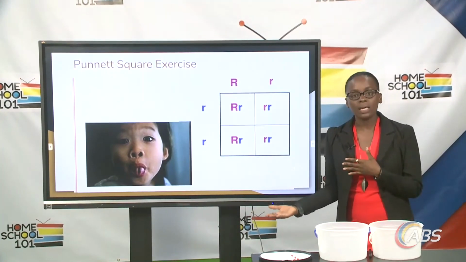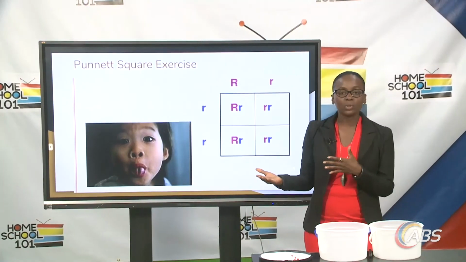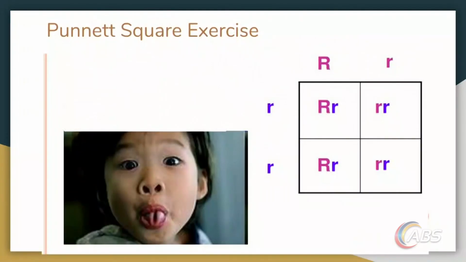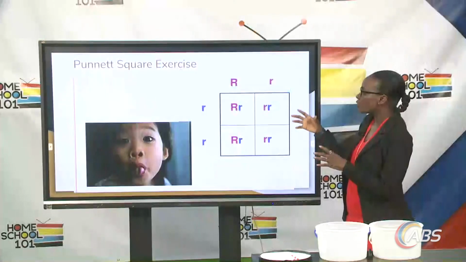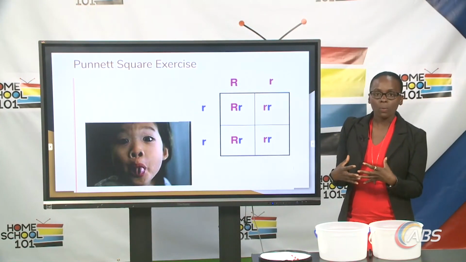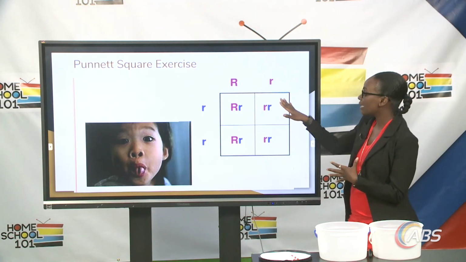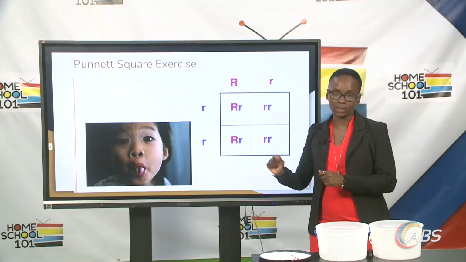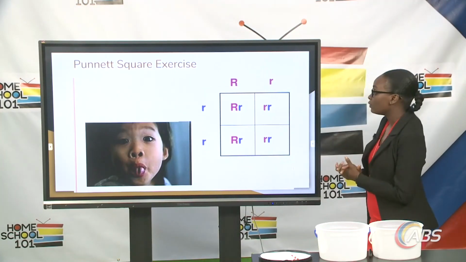We know curly hair is dominant to straight hair. So you can do those investigations, and you can use the Punnett square to plug in the genotype of your parents, and then you will be able to see how the traits have been distributed within the 4 individuals.